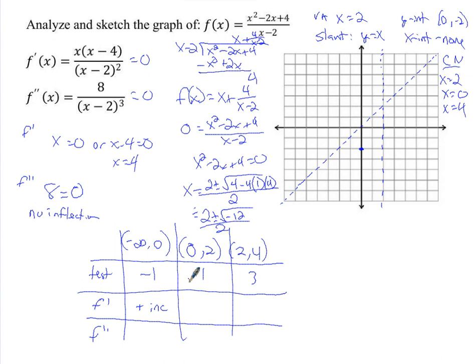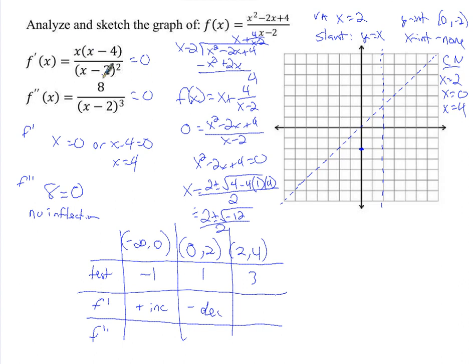Then we go into our second test number. So I plug 1 in, still positive here. 1 minus 4, though, is negative. So the numerator is negative. We are now negative, decreasing. And for the third one, still positive here. 3 minus 4 is negative, times a positive. Negative times positive is negative.